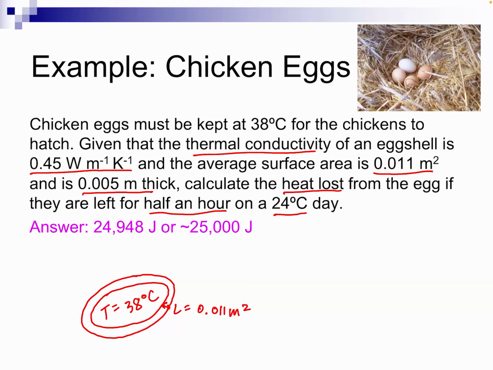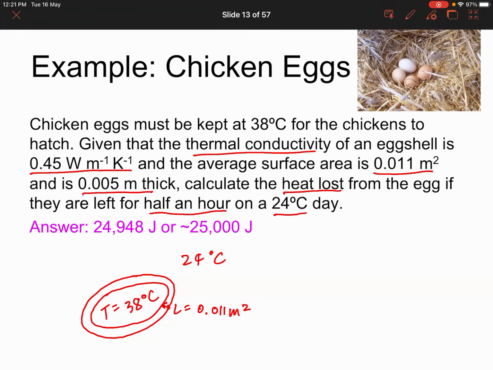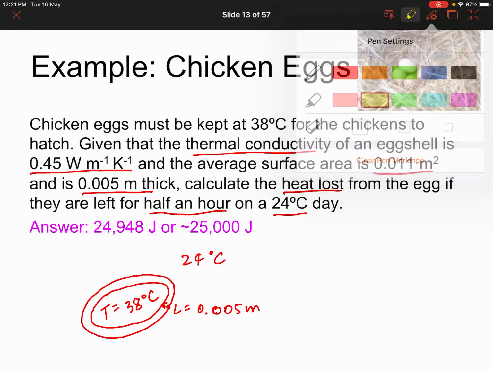The outside temperature, 24 degrees Celsius. So it's a 24 degrees Celsius day. So we assume that the air molecules surrounding the egg will have a temperature of 24 degrees Celsius. Think L should be 0.005. Oh, 0.005. Yes, you're right. I looked at the wrong number, sorry. 0.005 meters.